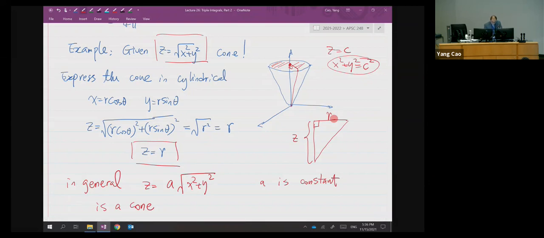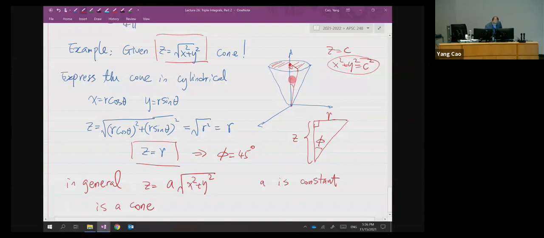And guess what? You have just derived z equal to r. So how much angle is this? 45 degrees. Let's call this angle phi. So that gives me a phi angle equal to 45 degrees.